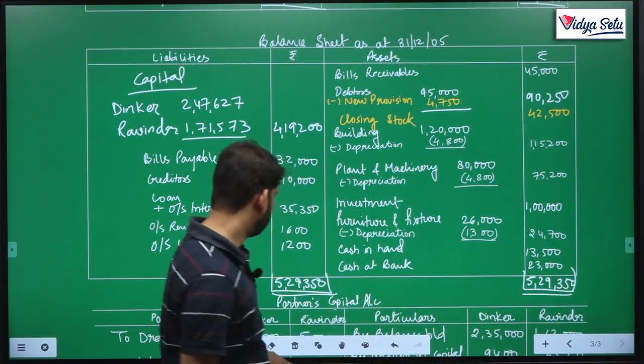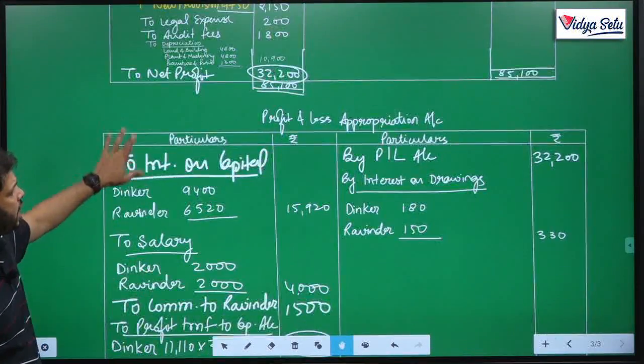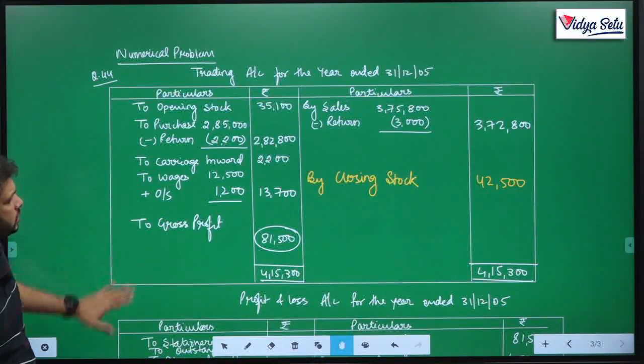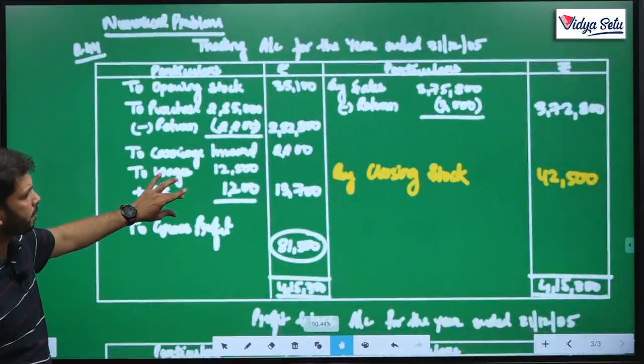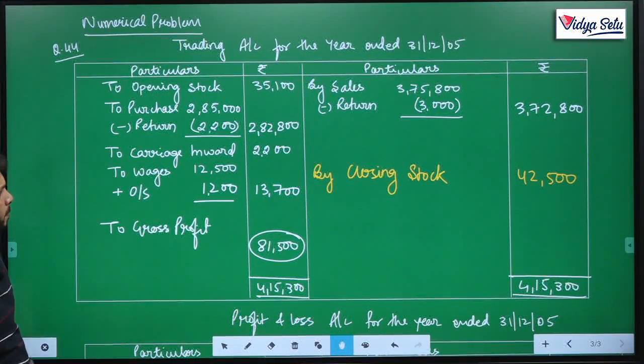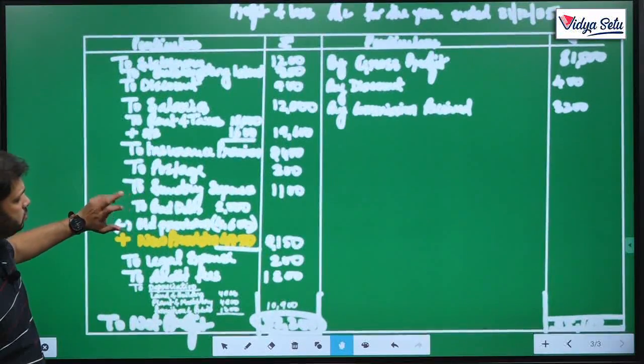Now, let us just look at all the accounts that we have made and the question is over. First of all, we made the formats. This is our trading account. Then we have our P&L account.